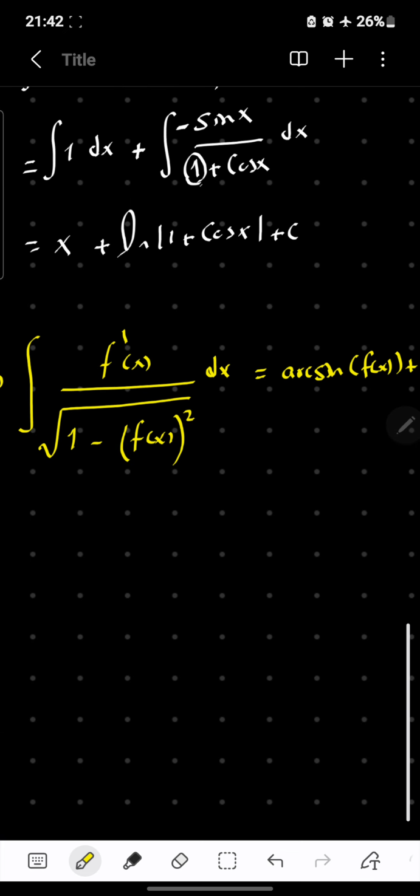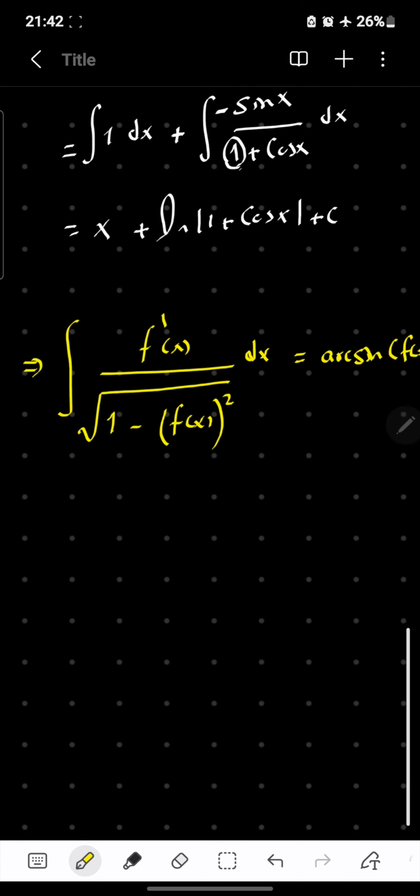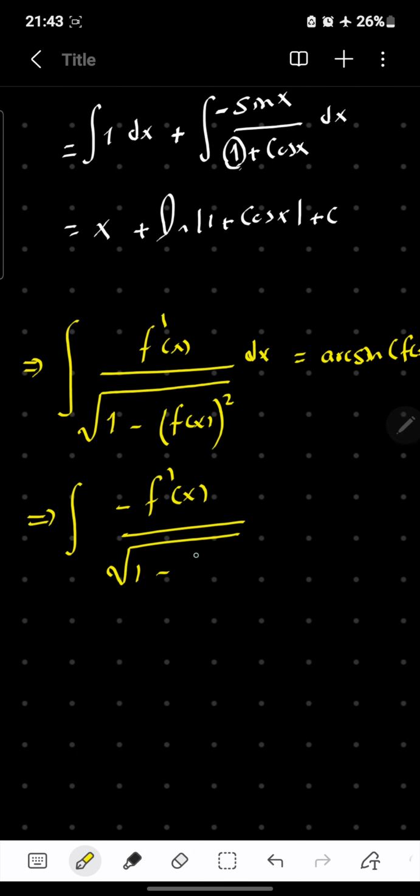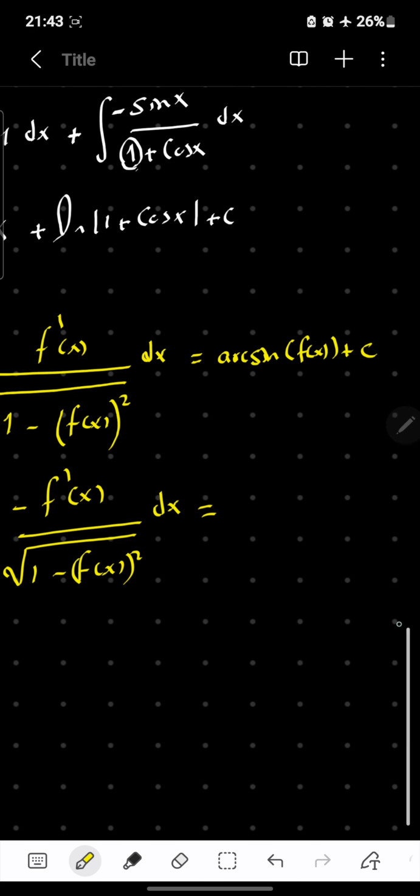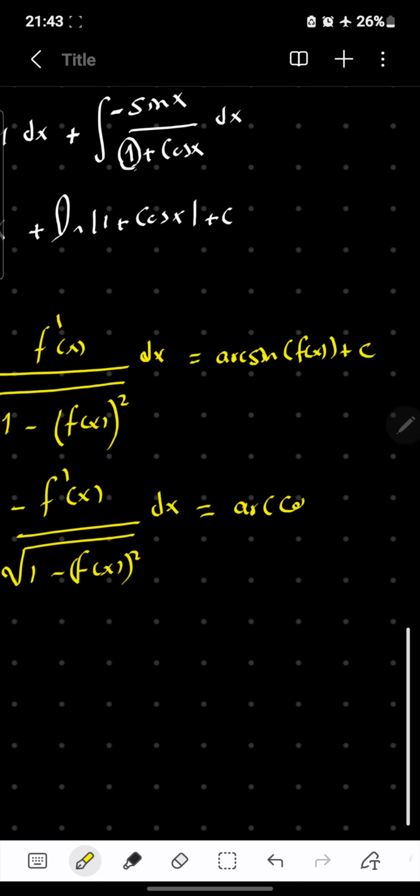If we face the same integral but with a negative sign, 1 minus f of x squared dx, it will be arc cosine f of x plus c.